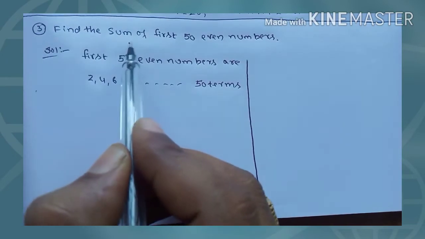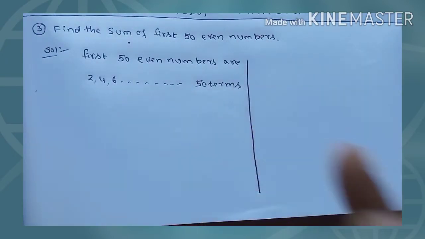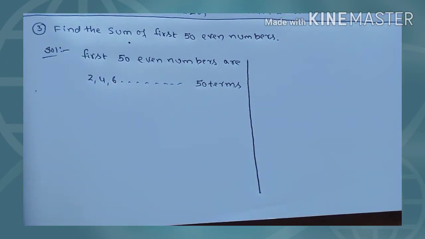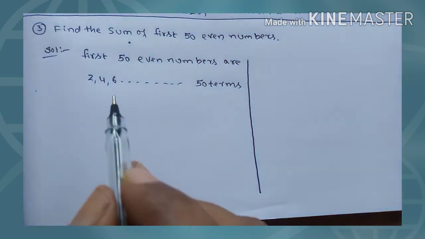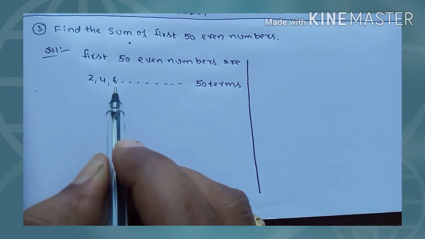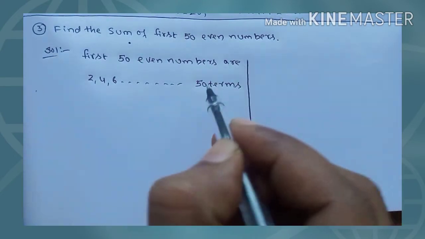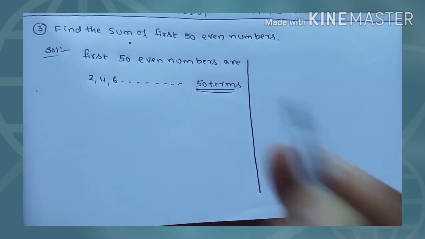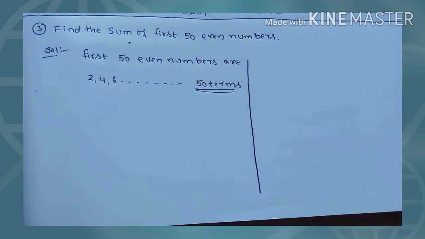Find the sum of the first 50 even numbers. Here are the even numbers 2, 4, 6, 8 and so on. Up to how many numbers do we have to consider? 50. So 50 terms. From this sequence we have to find the a value and d value.